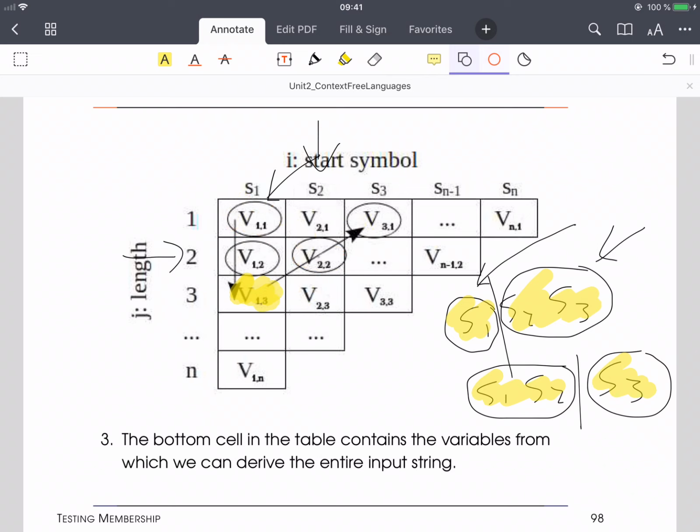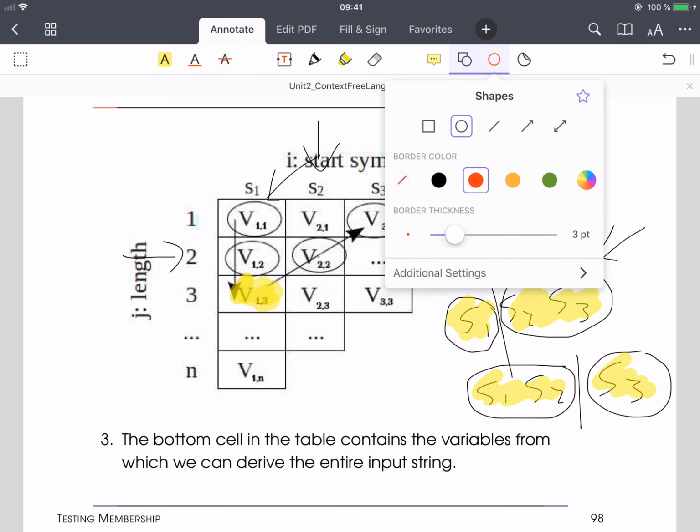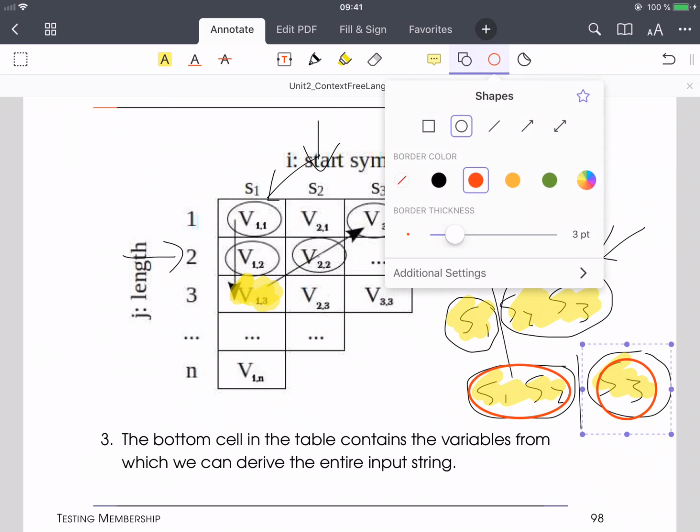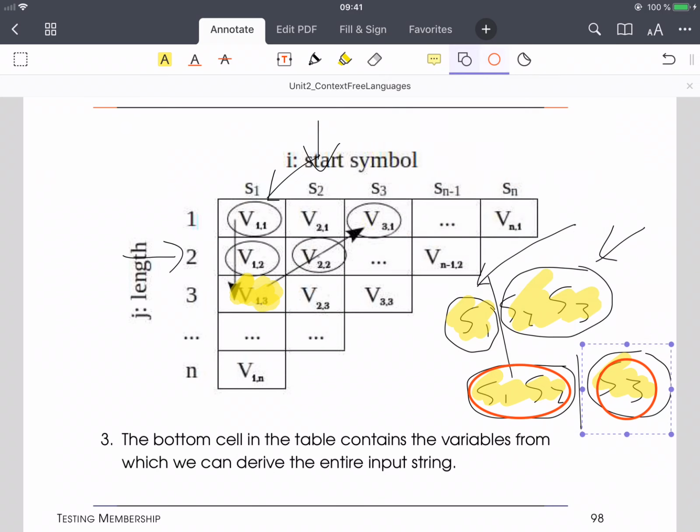The second way of dividing the word into two parts is the one here. First, to generate this part, and then to generate that part. What are the variables that generate S1, S2?